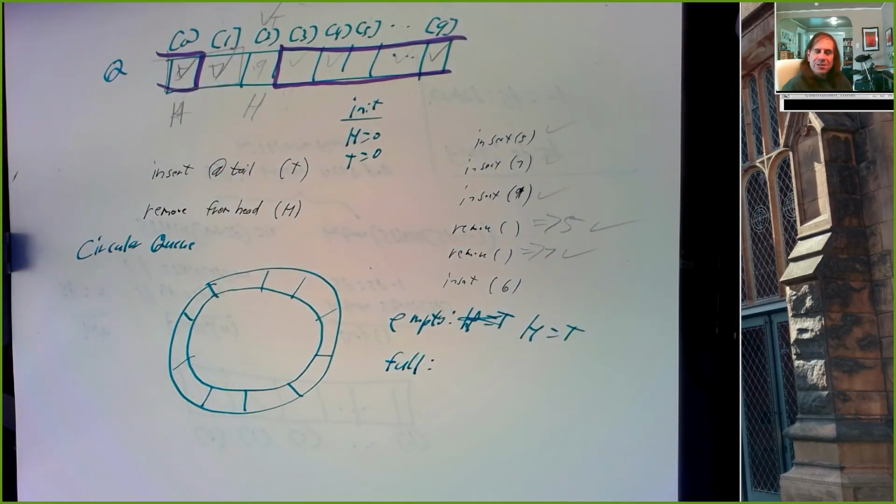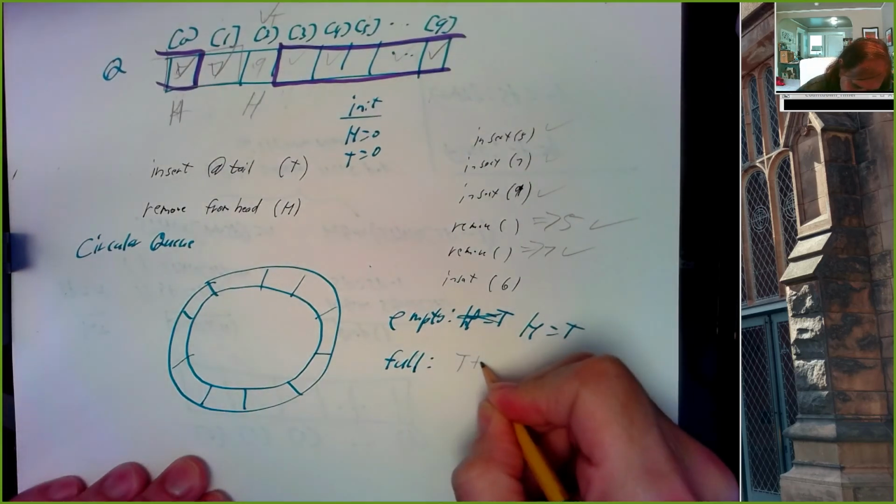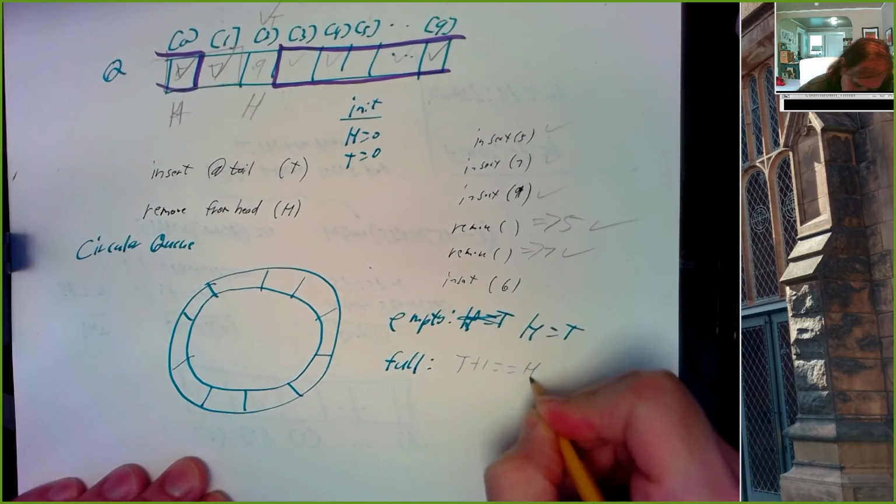But that's the same condition for when the queue is empty. So we're going to actually say that the queue is full one spot before it's full. And we're going to say it's full if inserting one more thing would make it completely full. So if tail plus 1 is equal to head.